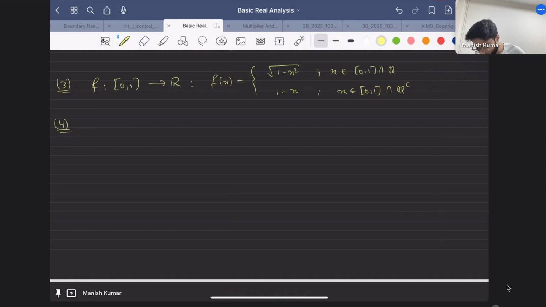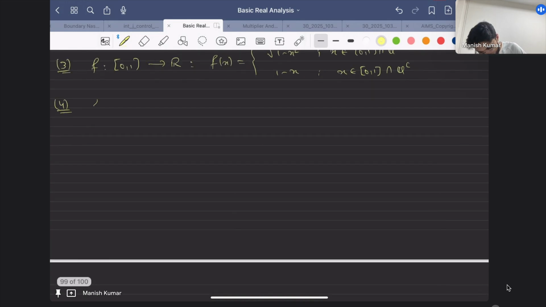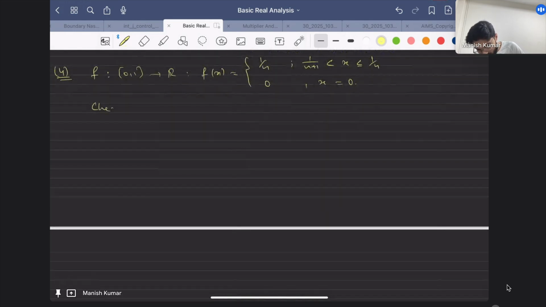So let's look at this function f. Okay, f is defined from [0,1] to R, and this is defined as f(x) will be equal to 1 by n if x is lying between 1 by n+1 to 1 by n, and this is 0 if x is equal to 0. Okay, so again you have to do the same thing, check integrability. Okay.